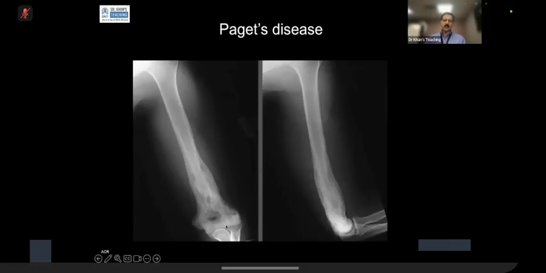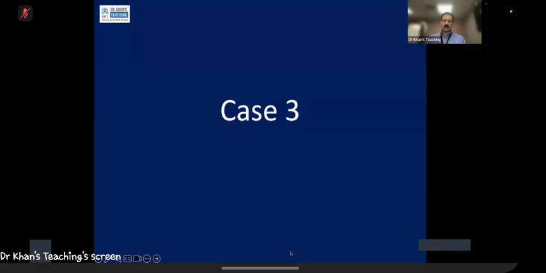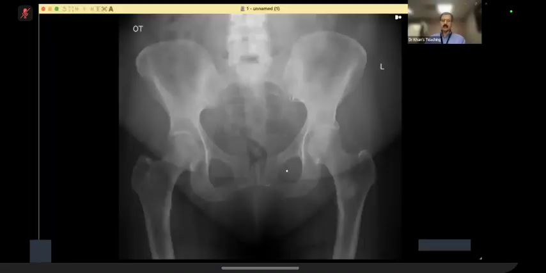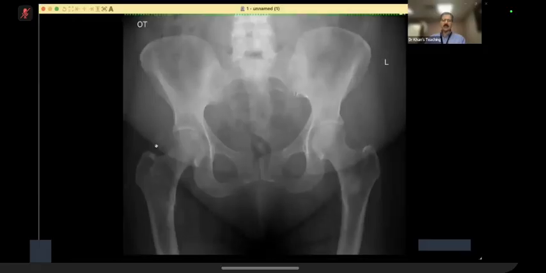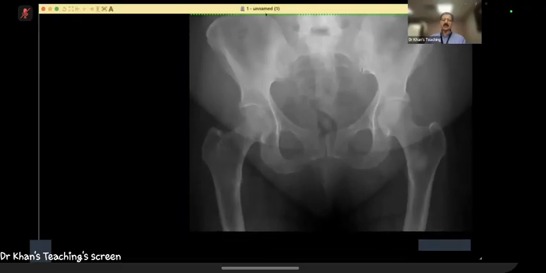One exception to this rule is the tibia, where it might go to the superior tibial tuberosity and might not go to the articular surface. So this is about Paget's disease. Now let's go back and see the case. Now, first of all, let's see the right side.